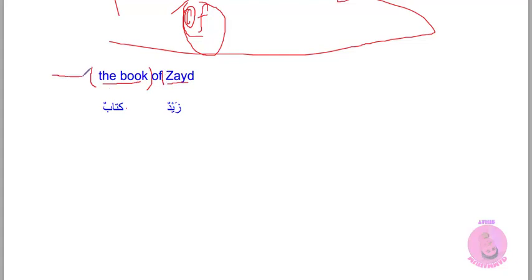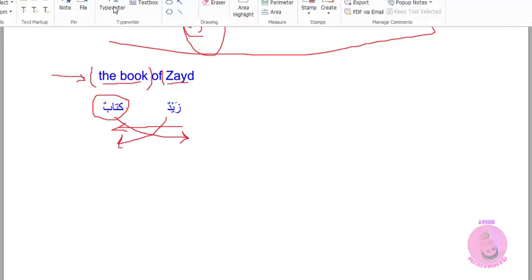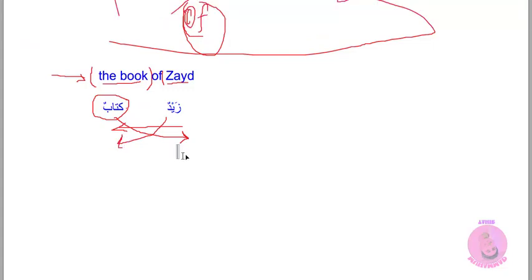We write English from left to right, but we write Arabic from right to left. That is why kitabun will be here and Zaidun will be here. So let me write it: kitabun and Zaidun.